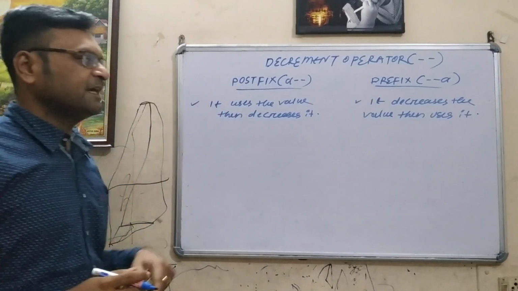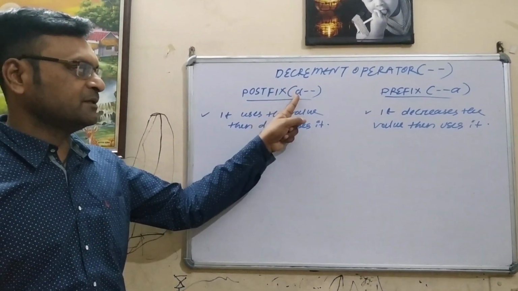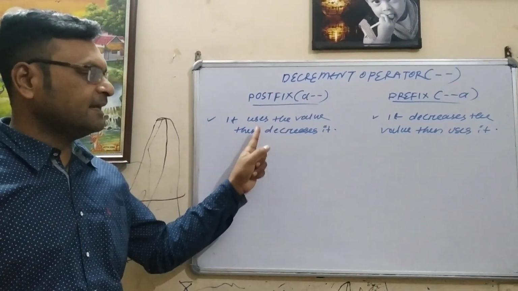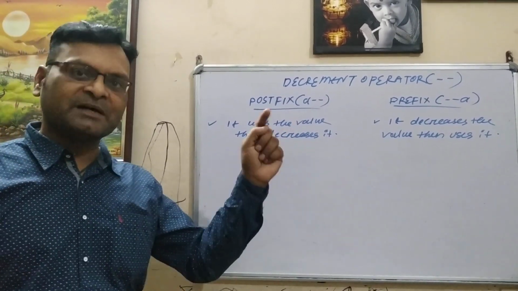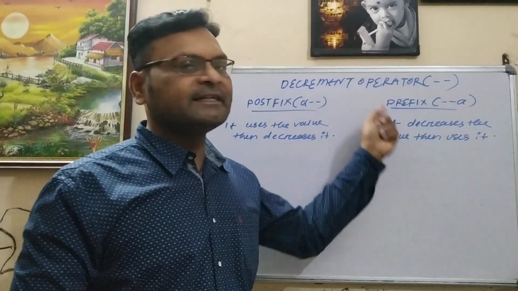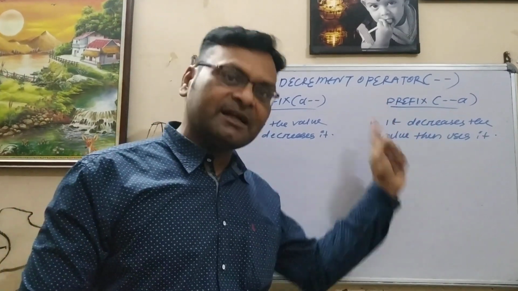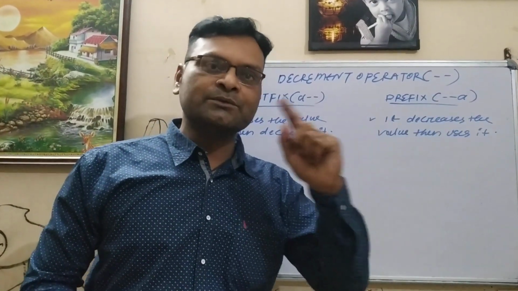This is the main difference, children. First it will use the value of a, then it will decrease the value of a by 1. This side it decreases the value of a by 1, then it will use the value.